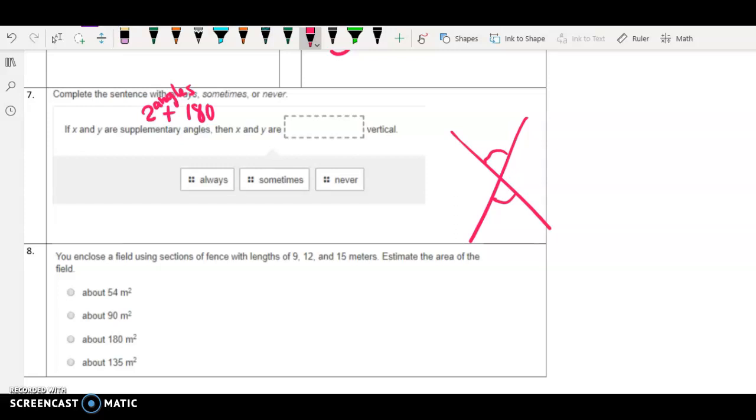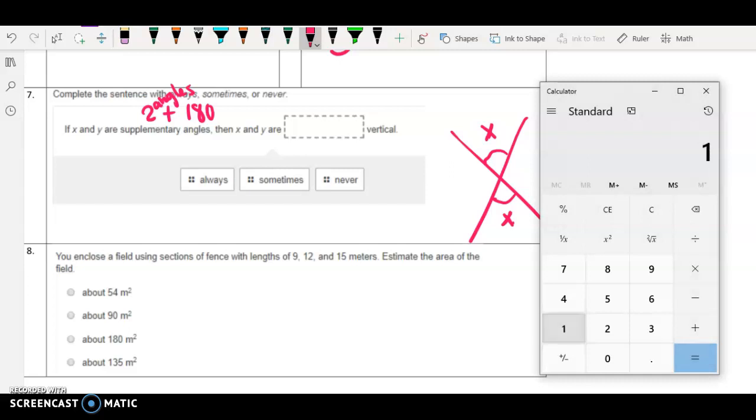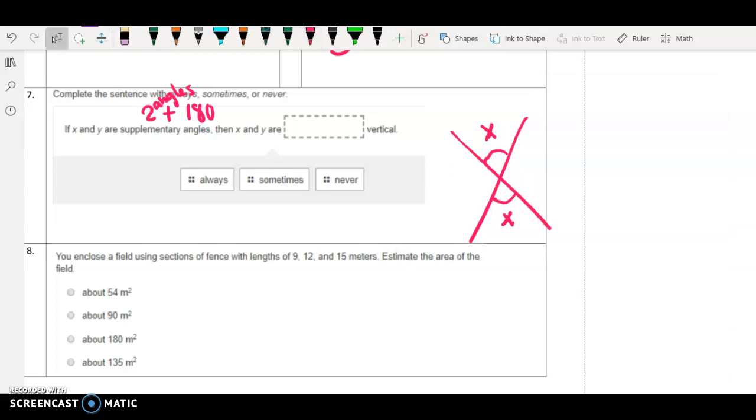Can those ever equal 180? Remember that whatever this side is, this side has to be the same thing. So the only time that could happen is 180 divided by two angles would be 90. So if this angle is 90 and this angle is 90, because they're vertical, they have to be the same, then yes, those can be supplementary angles because 90 plus 90 equals 180.